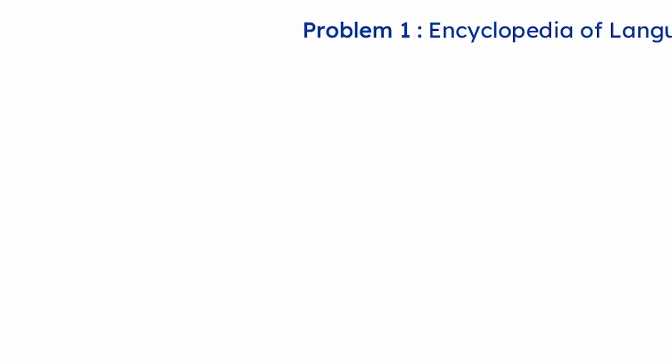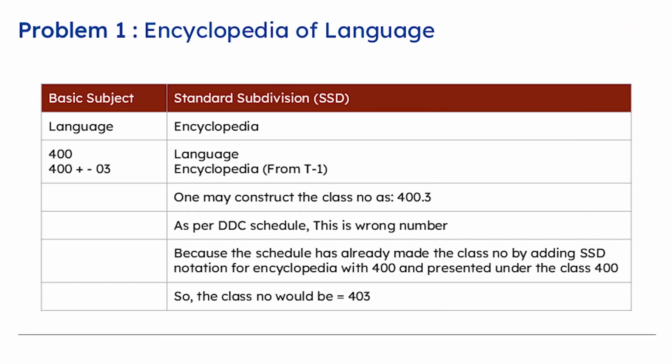Now we can see the second level. Suppose one example is such: encyclopedia of language. It is a document coming in the library. Suppose it is stored in the reference section. How would we make its class number?